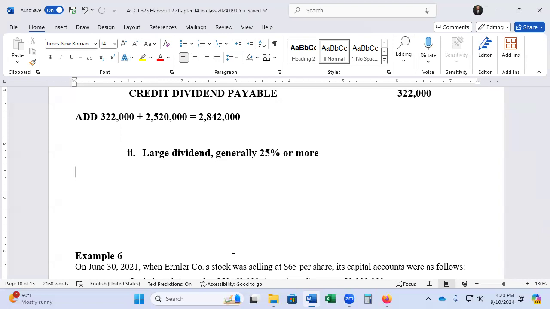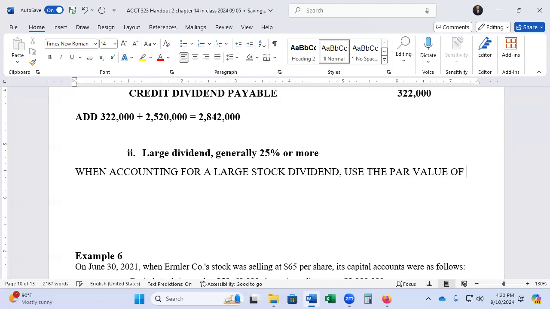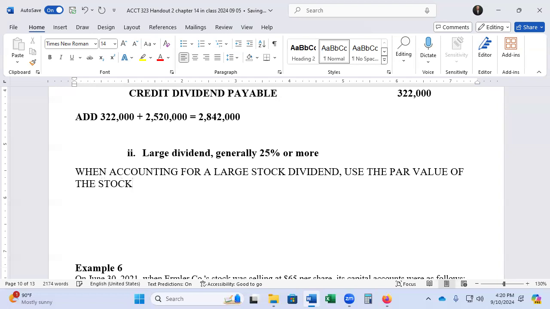Okay, large dividend, generally 25% or more. And so when accounting for a large stock dividend, use the par value of the stock.